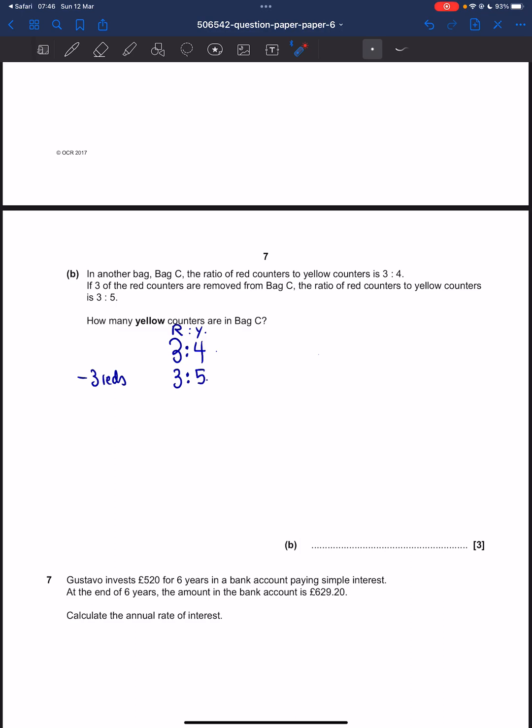It could be 30 to 40, it could be 6 to 8, etc. So in bag C, the ratio is actually 3x to 4x, because it's multipliers of 3 and 4.